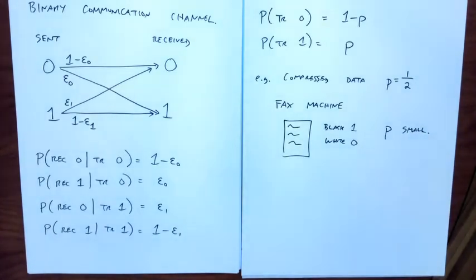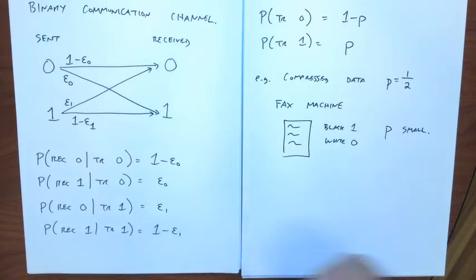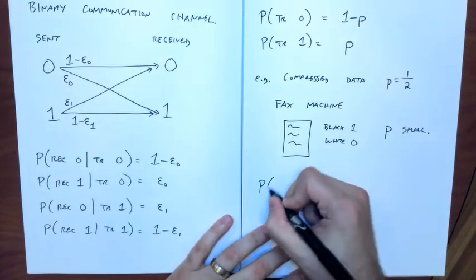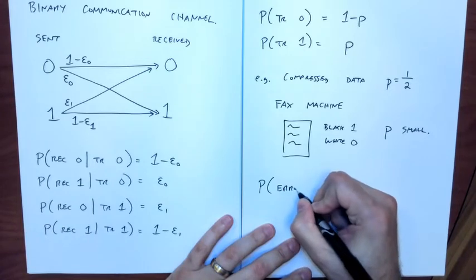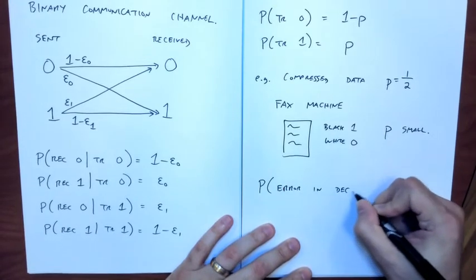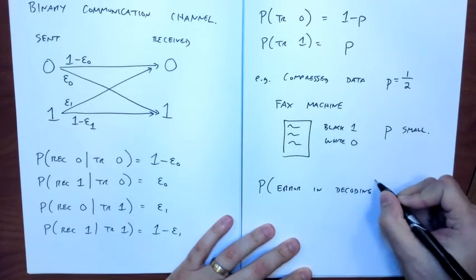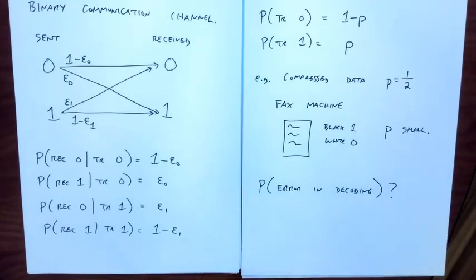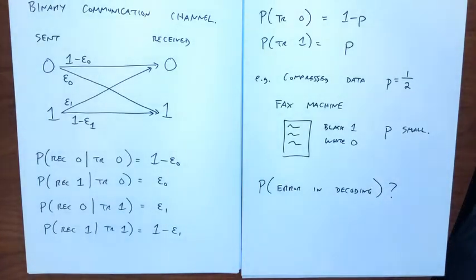Could be a 10th or a 5th or something like that, okay? So the point is that we also have to know what's the balance of zeros and ones, right? And now I can ask something like, what's the probability that I have an error in decoding? What's the probability that what I got was not what I sent?